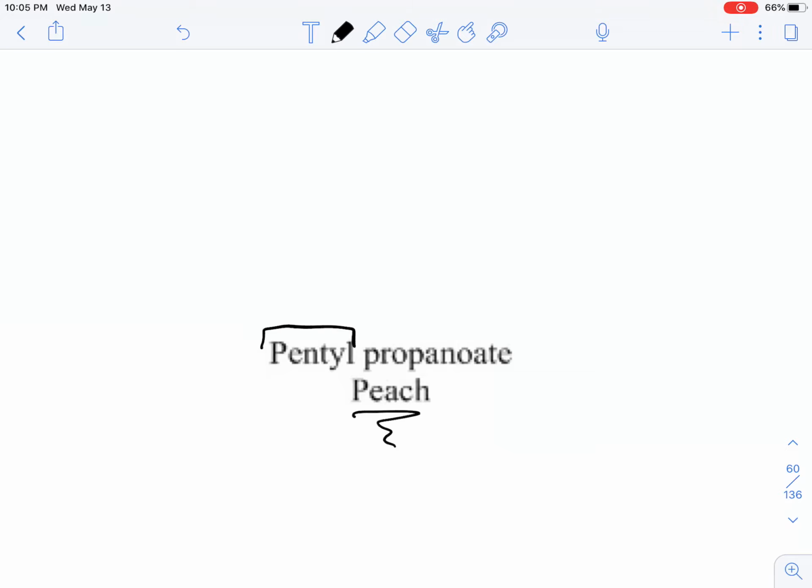Pentyl is a 5-carbon compound, so 1, 2, 3, 4, 5. After I draw all 5 carbons, I'm going to extend another line. That's going to be a covalent bond to another oxygen, and this is going to be our ester oxygen.